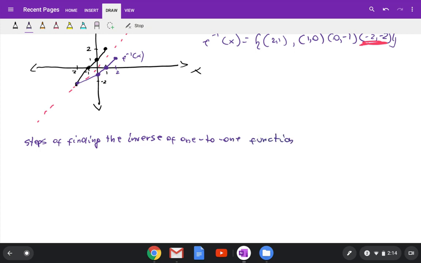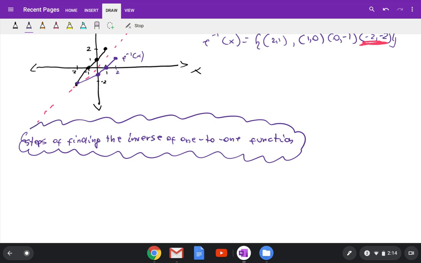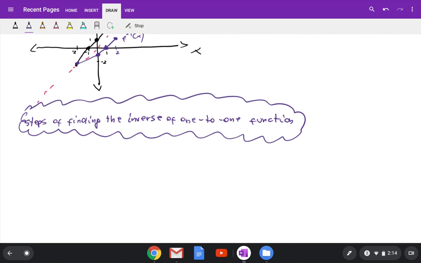You find it exactly the same way as the inverse of any type of function. We take the original equation, switch x with y, solve for y, and that will be the equation of the inverse function. Okay, we should know that already, but this is what we're doing first.